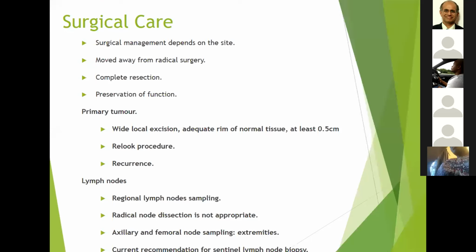If that's the only tumor present there, that also can be curative. But sometimes the relook can be for recurrence, or if the initial operation wasn't adequate, you can still operate on this patient.